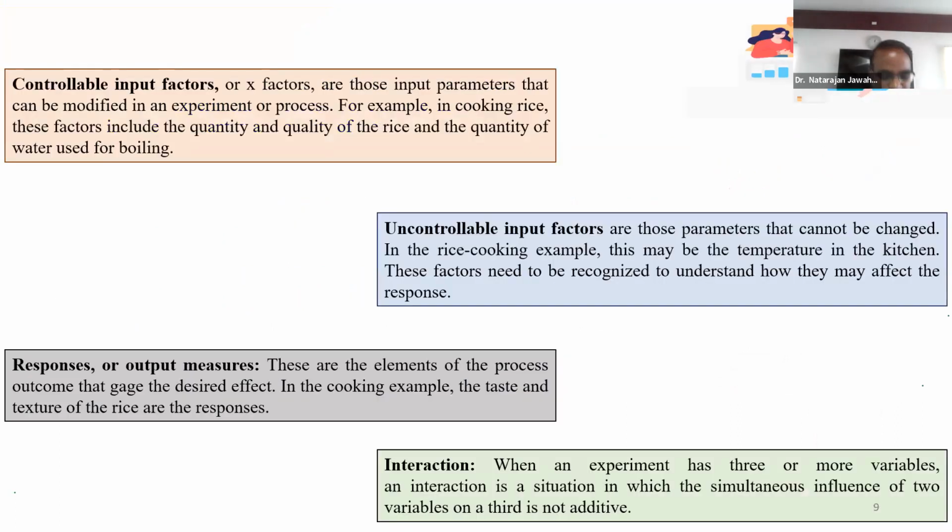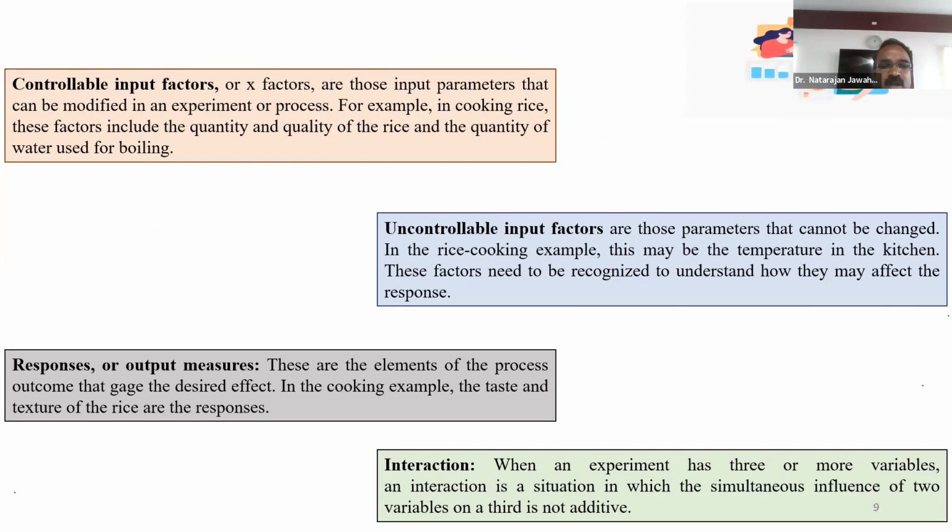So what are controllable input factors or X factors? These are the input parameters which can be modified in an experiment or process. They are independent variables which modify the experiment.